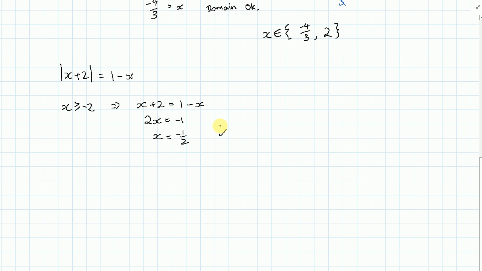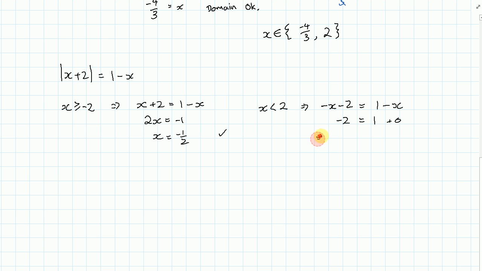it's fine. We also need to consider when x is less than minus 2. That leads to all of this changing sign. Oh, I missed out the x. Oh no, I didn't. So minus x minus 2 is equal to 1 minus x. We bring our equations round, and x goes over to that side, and I've got minus 1 equals 1 and nothing.